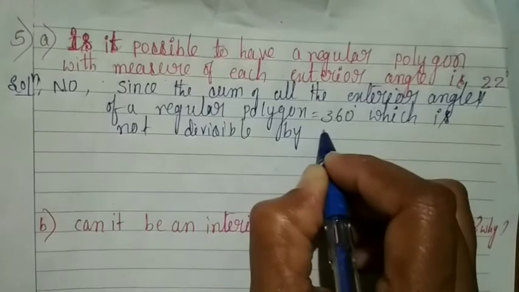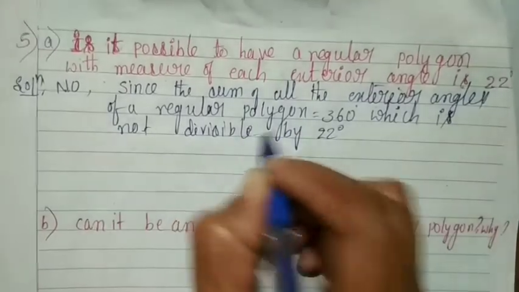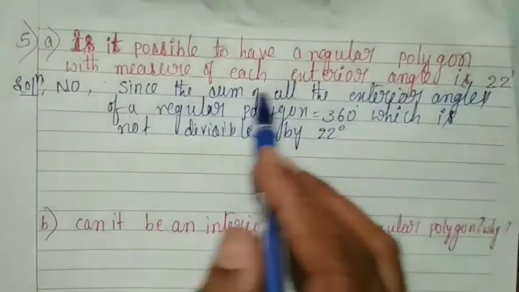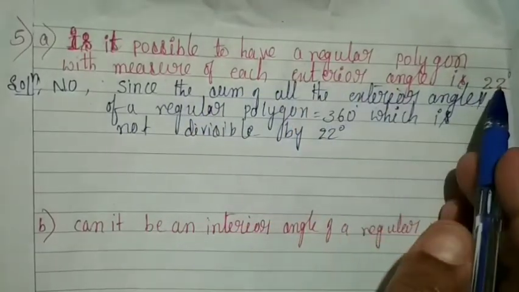Once again, is it possible to have a regular polygon with measure of each exterior angle is 22 degree?